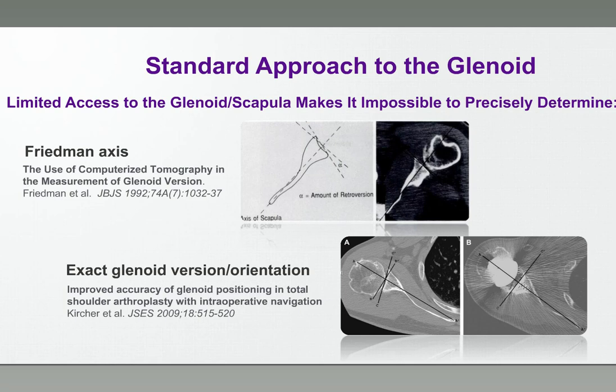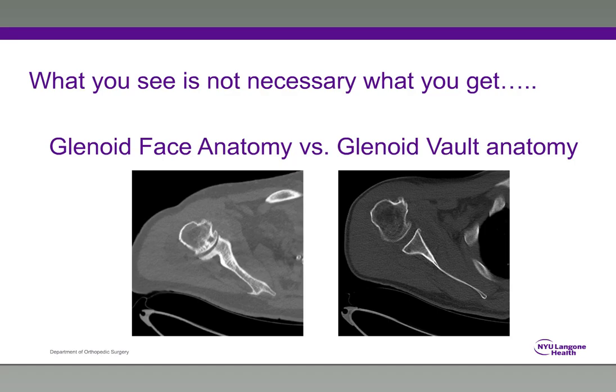The exposure and the limited visualization of the glenoid, in other words, just the surface of it, make it difficult to precisely determine some of the anatomic landmarks, specifically Friedman's axis, the central line of the glenoid component, and looking at the glenoid en face, determine the glenoid version or the orientation of the glenoid component, even when integrating preoperative imaging studies, can be a challenge.